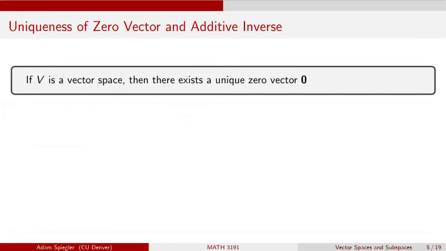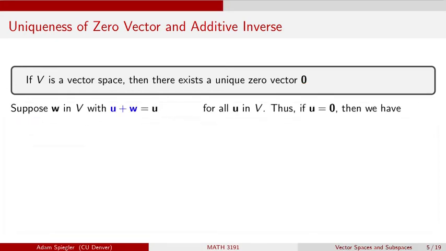If that is the case, then there's going to exist a unique zero vector that we'll denote with this bold 0. Okay, so let's take some vector w, which is in V, and let's say that it satisfies the property that a zero vector has, namely that u plus this vector w gives us the vector u for all vectors u in this vector space V.